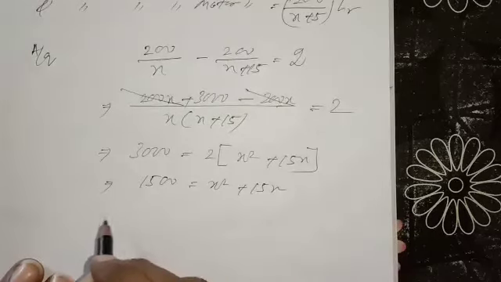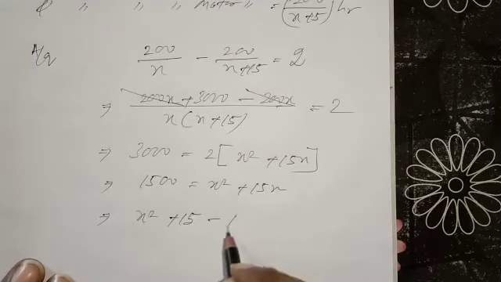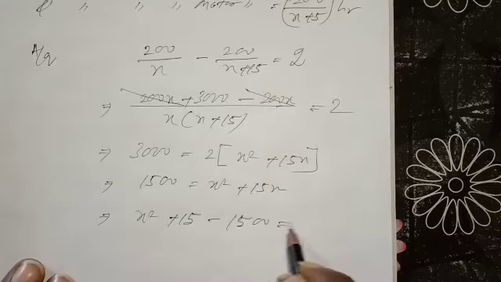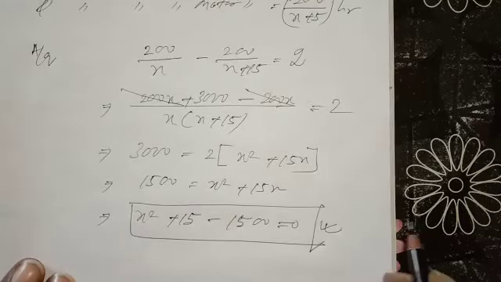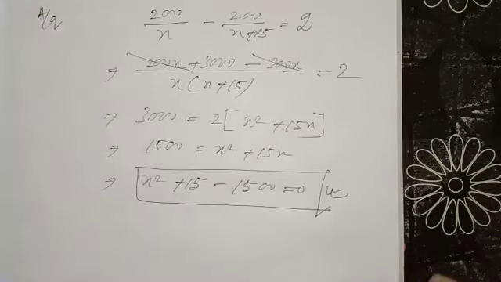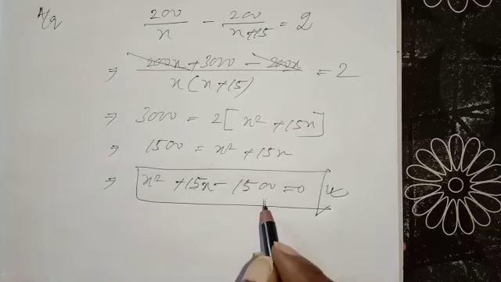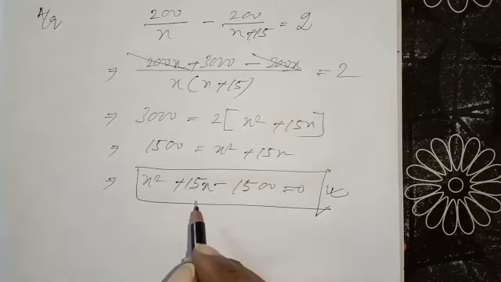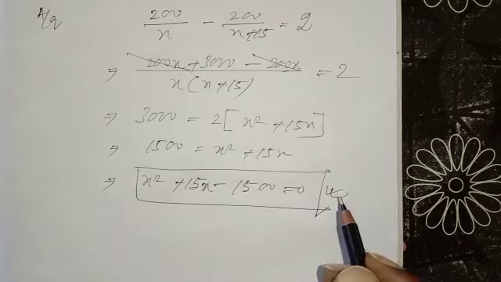Now we make the quadratic equation: x square plus 15x minus 1500 equal to 0. This is the required quadratic equation, and you solve for x by middle term breaking. You have to factorize. Let us see.